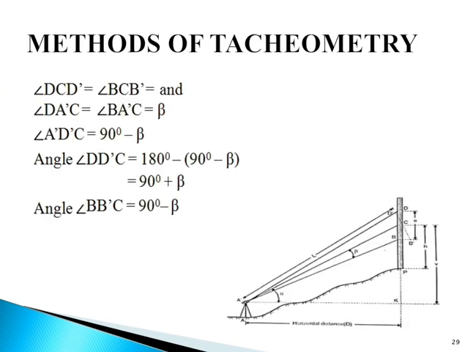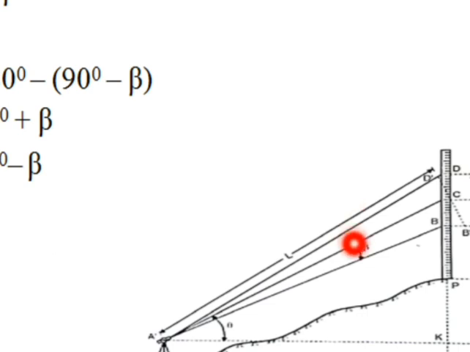So talking about the angle, angle DCD' is equal to angle BCB' from the figure, which is equal to, and angle DA'C is equal to angle BA'C is equal to beta. So beta will be here.